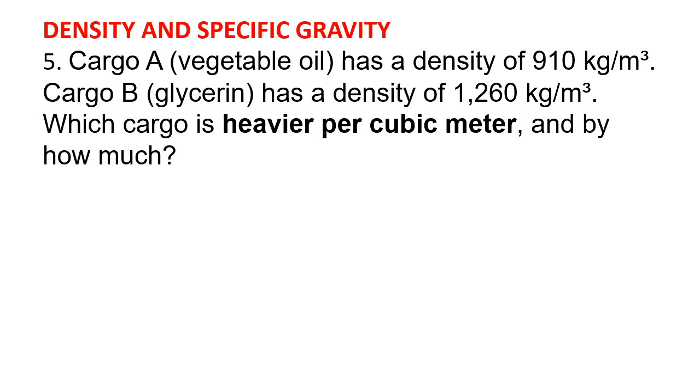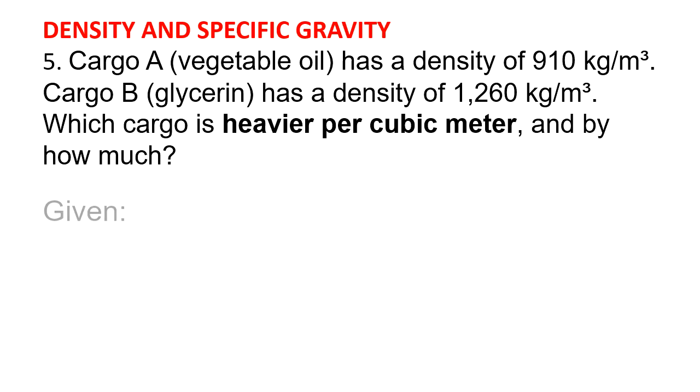Cargo A, which is vegetable oil, has a density of 910 kilograms per cubic meter. Cargo B is glycerin, which has a density of 1,260 kilograms per cubic meter. Which cargo is heavier per cubic meter and by how much?